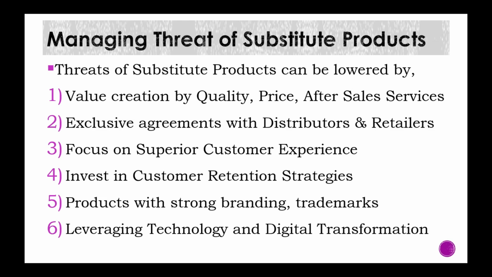Companies can also invest in providing superior customer experiences and customer retention strategies, thus creating brand loyalty through product with strong branding and trademarks. Companies can also invest on leveraging the technology and digital transformation for creating more product differentiation to manage with the threat of substitute products.